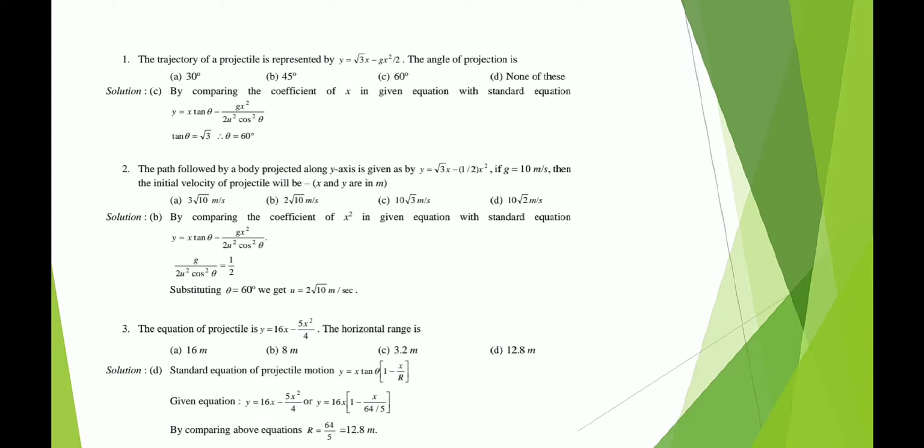The angle of projection is, by comparing the coefficient of x in the given equation with the standard equation, y is equal to x tan theta minus g x square by 2 u square cos square theta. This implies tan theta is equal to root 3. Then theta will be equal to 60 degrees.